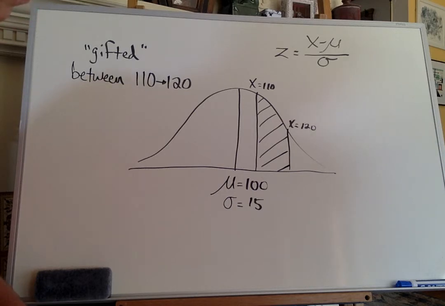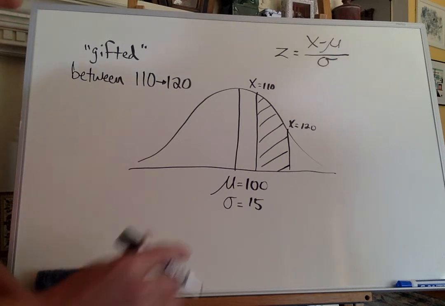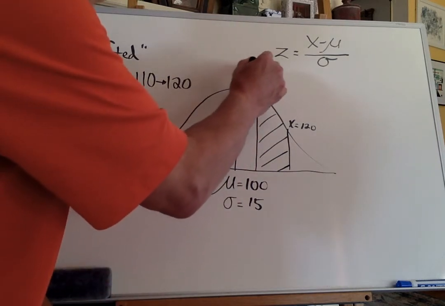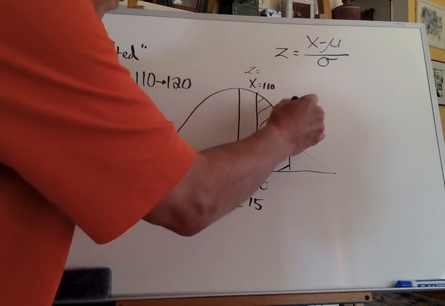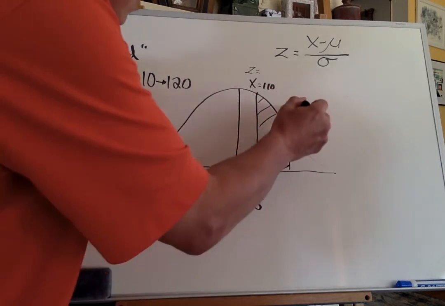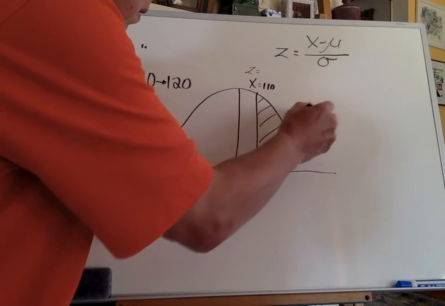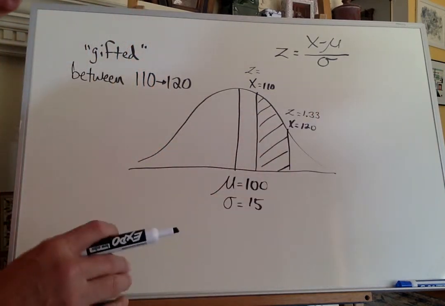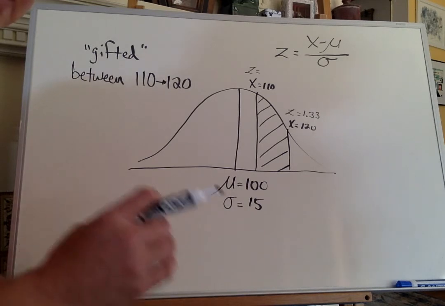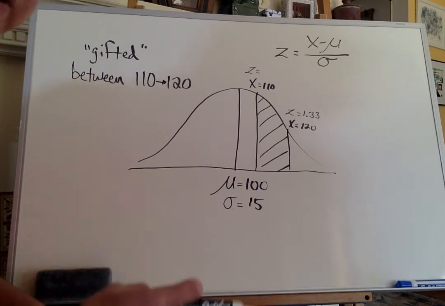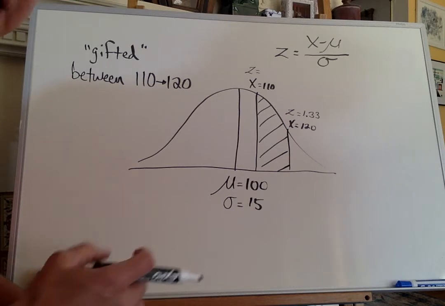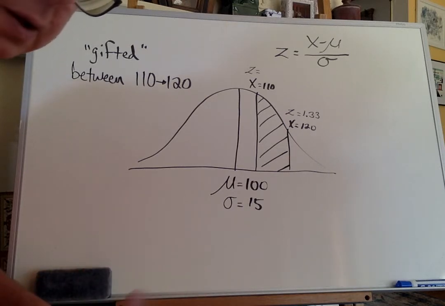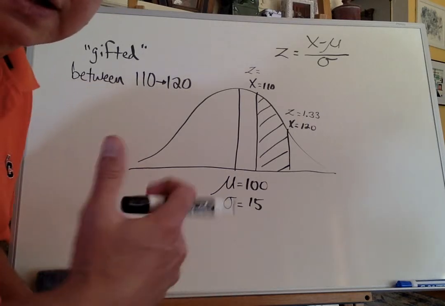Now, we're going to rely on the unit normal table. So let's quickly do the z-score for 110, the z-score for 120. Of course, we did the z-score for 120. That's 1.33. And I would hope, if I said, does that make sense to you, that the z-score is 1.33, I would hope that you would say yes. Now, sometimes people are resistant to this. Well, I plugged it into the calculator and this is what I got.